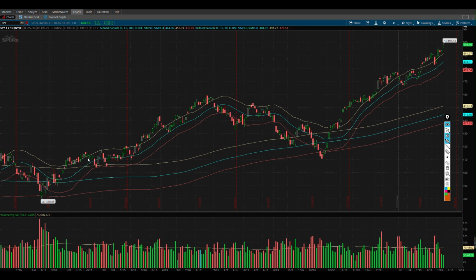Since price is within the channel and above the 200, we don't need to buy here because we already know that this is a good buy zone. If you missed this buying opportunity, then you can buy one day after the close above the channel. So this is also another way of buying.